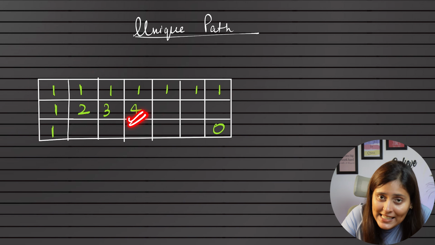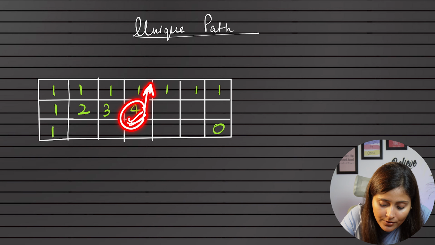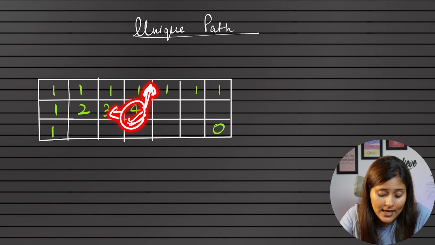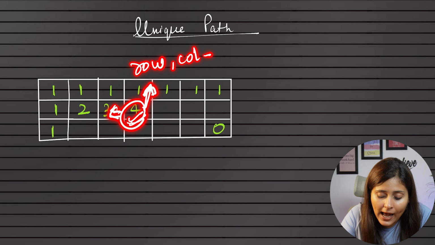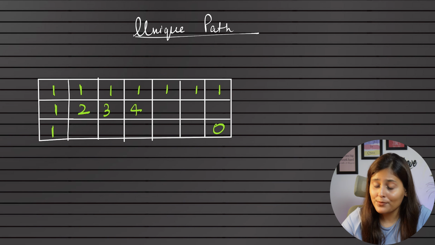So for any cell, the answer is the summation of above and left. Can I say up and left, which is nothing but for any row and column, row minus 1 column, and row column minus 1. Yes.